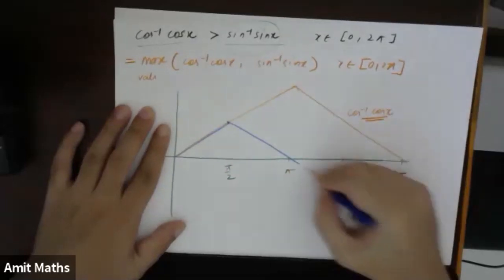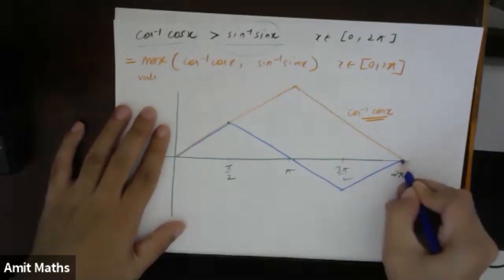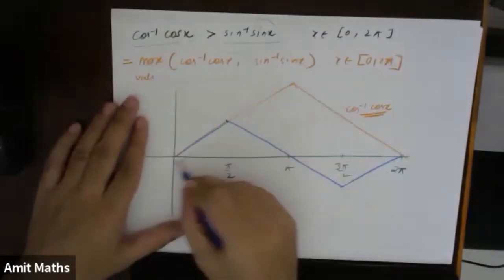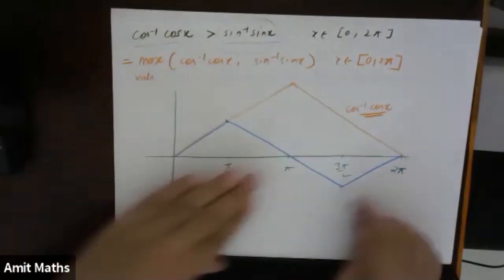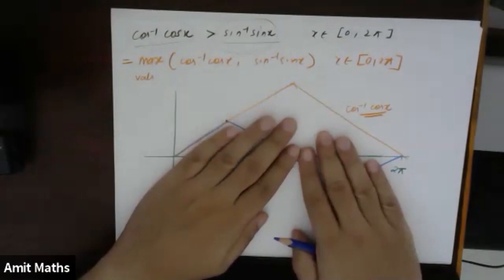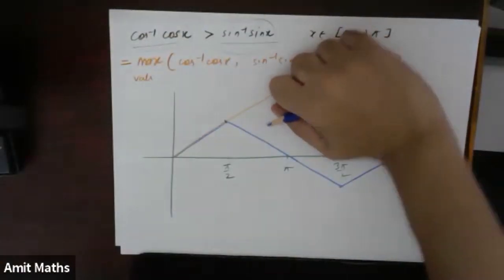It will become negative till 3 pi by 2, and then it will come like this. So this was the curve for sine inverse of sine x, and this was the curve for cos inverse of cos x.